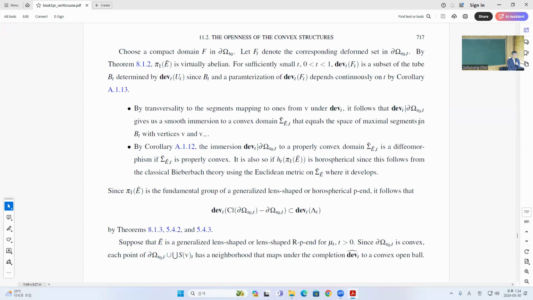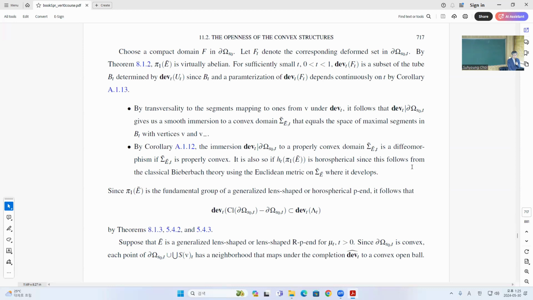So the space of maximal segments. You can consider these as a tube, and the set of maximal segments in this BT will be this domain. And so we have this immersion to the properly convex domain so that these are transversal.